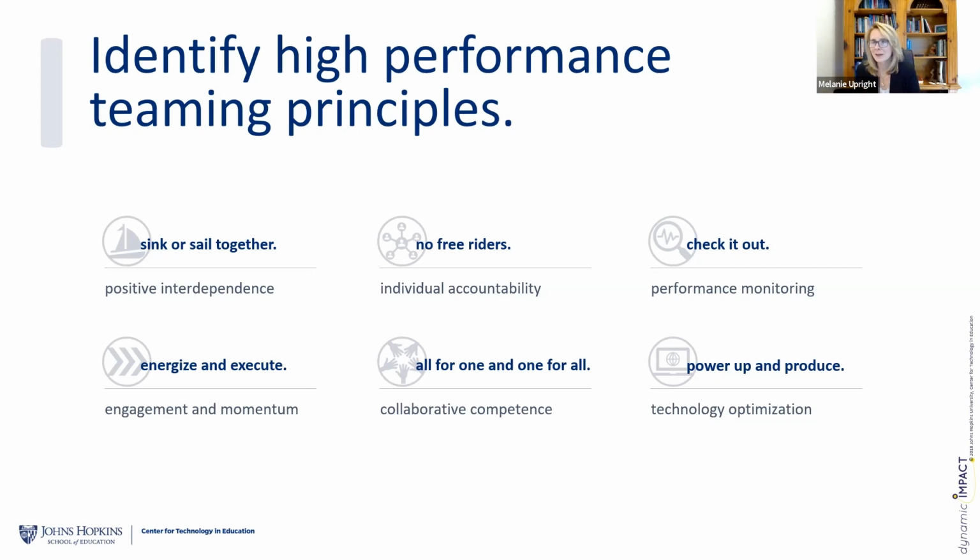So we do have some teams that end up saying, we're high performing across all of the operating standards, and all of the high performance teaming principles. And we come back and we say to them, this is wonderful that your team is operating at a high level, but every team has room to grow or improve in some area. So we want you to go back and identify something where you could take it to the next level.